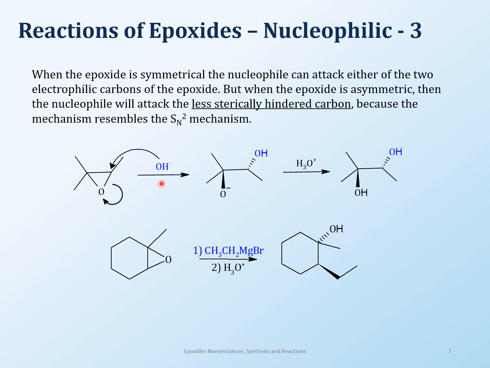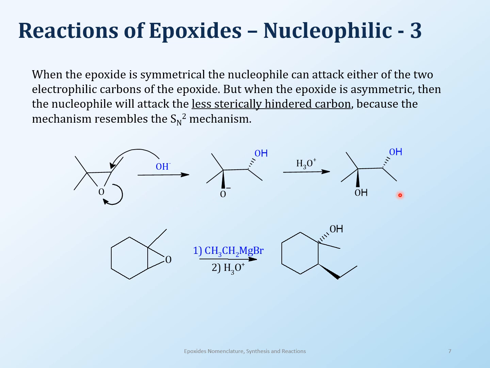The nucleophile will attack the less sterically hindered carbon. That's the key thing if you have an asymmetric epoxide. So the carbon on the left is not getting attacked, only the one on the right will.